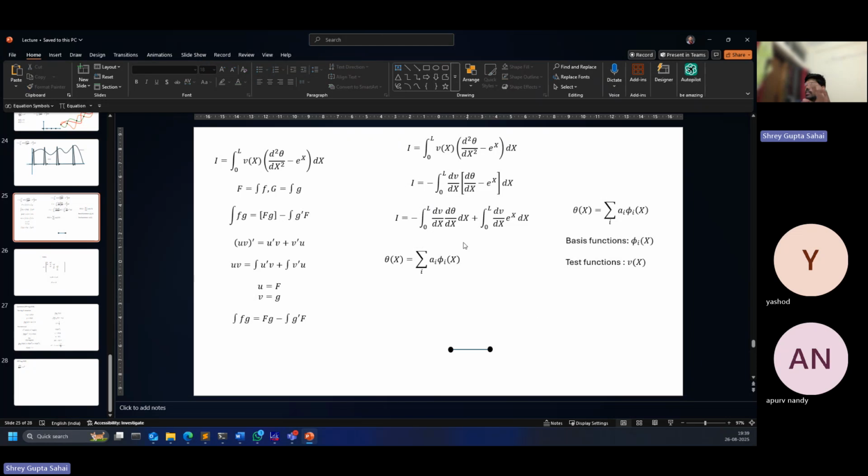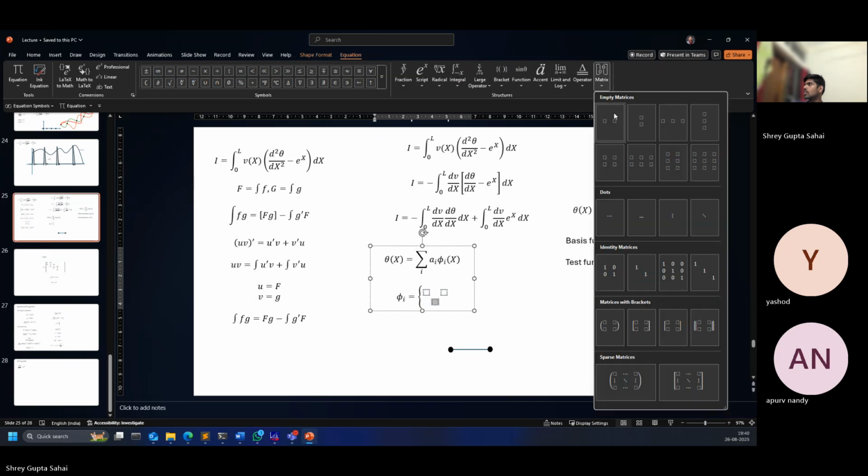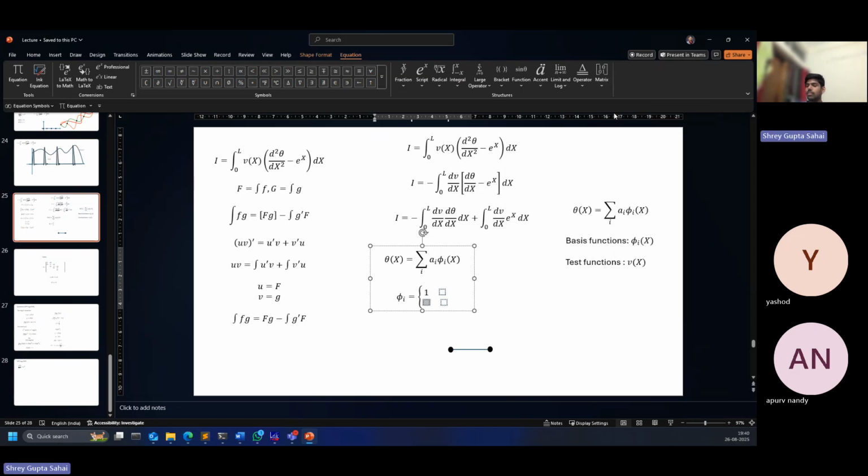In this one, the function I will define, this can be one way of doing things, will be some constant, one, and zero otherwise. It is one if x lies between x_{i-1} and x_i.